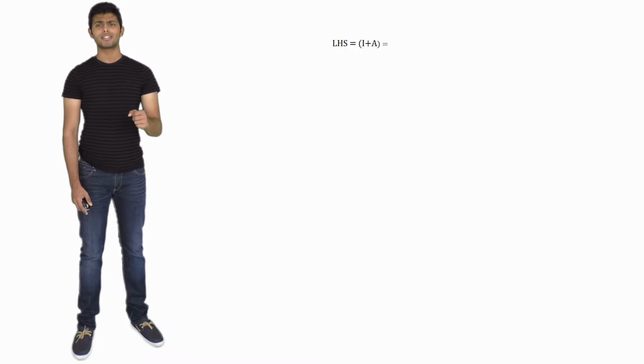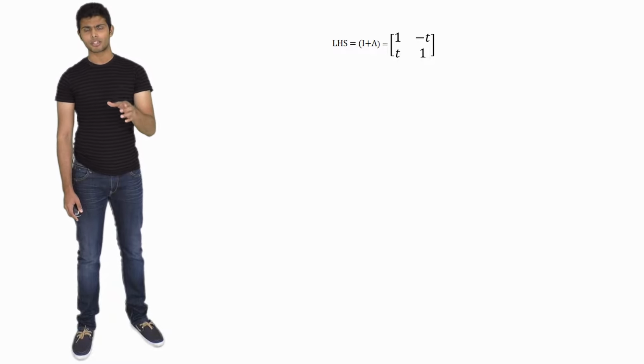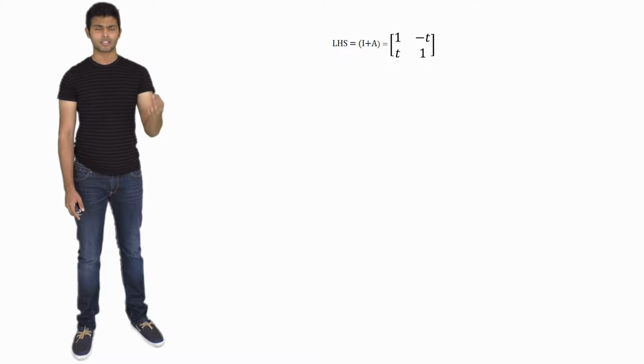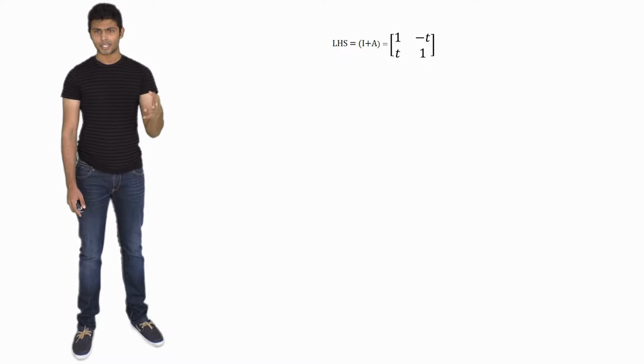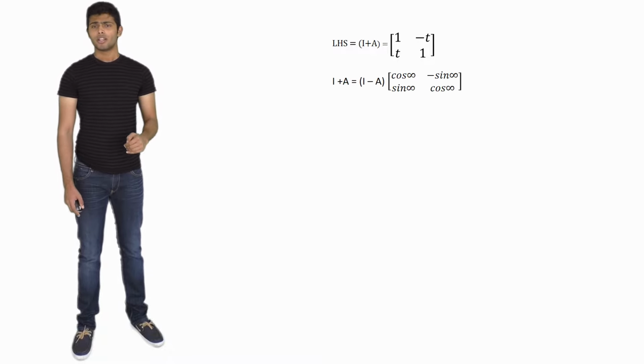So now let's take LHS equal to I plus A. We found the equation before, so instead of tan θ/2, we're going to have t. So it's going to be 1, minus t, t, 1.